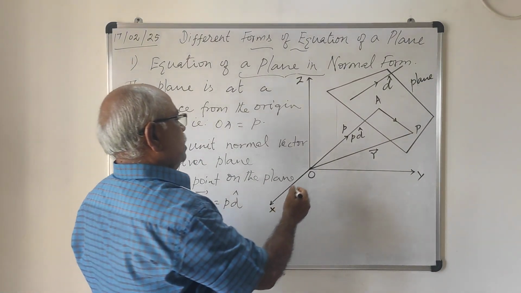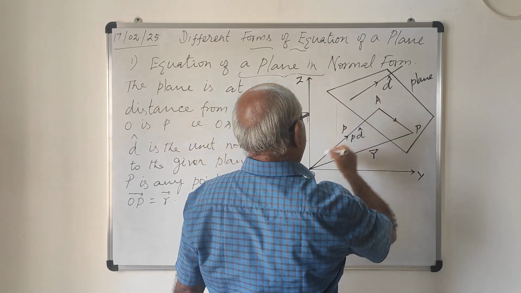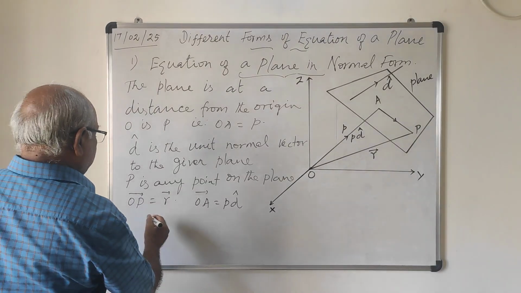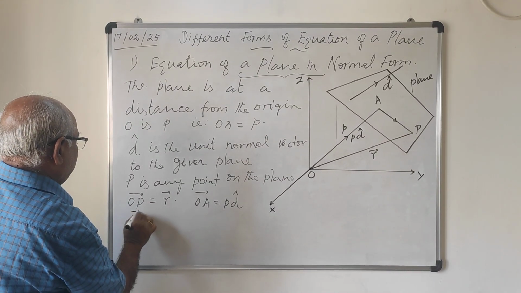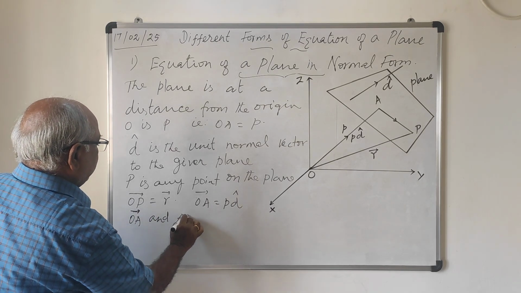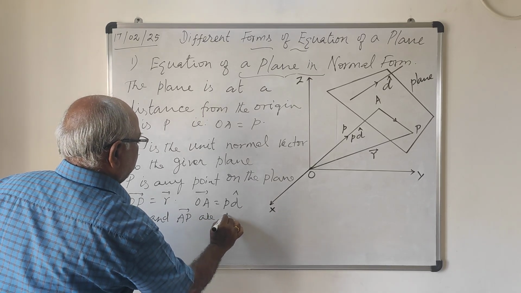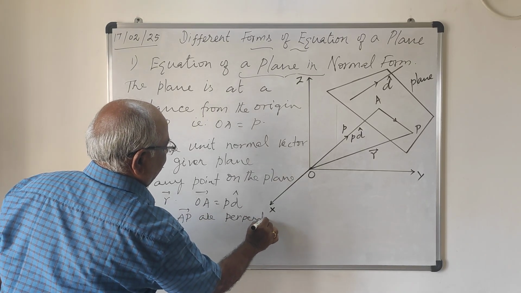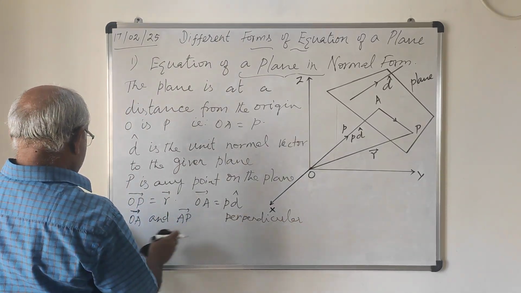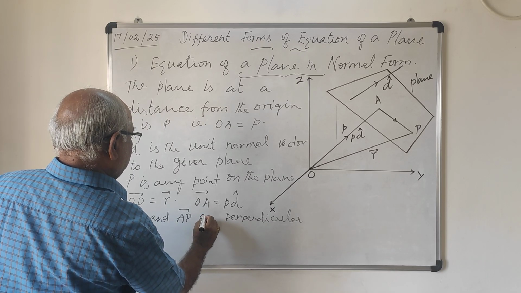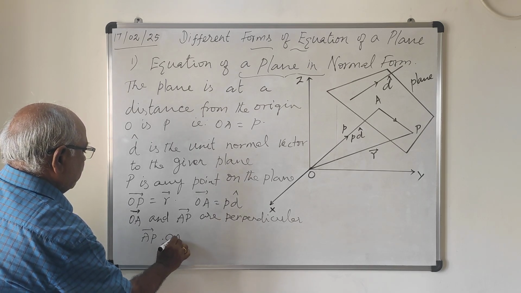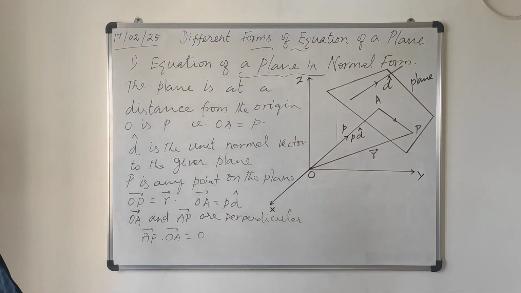And you know that the vectors OA and AP are perpendicular. Therefore, the vector AP dot OA equals 0, because these two vectors are perpendicular.